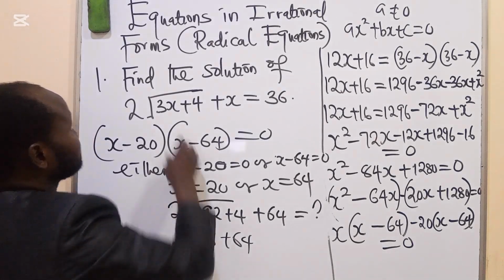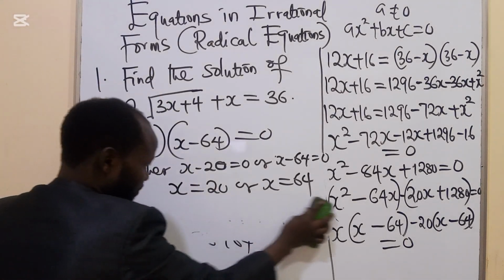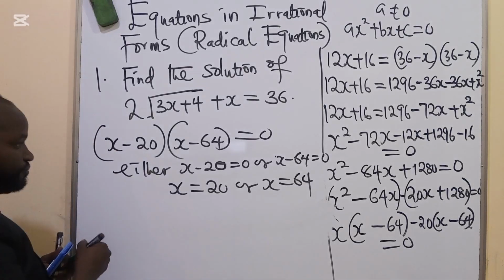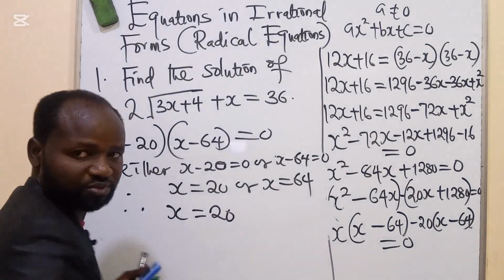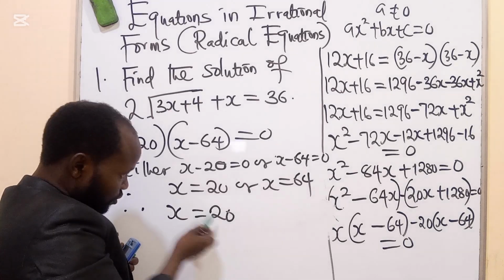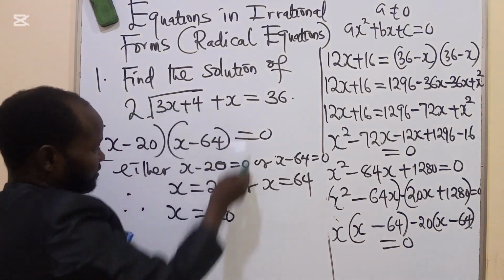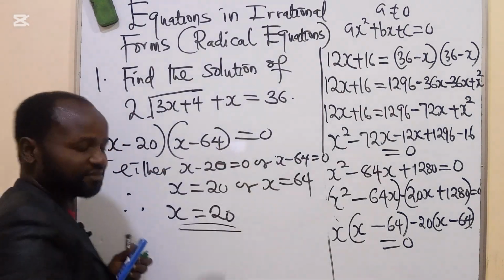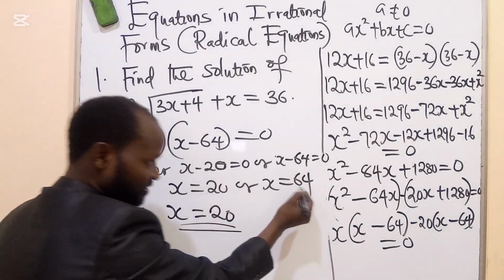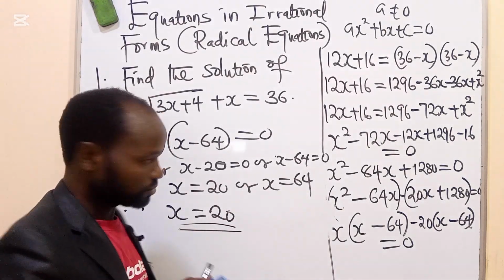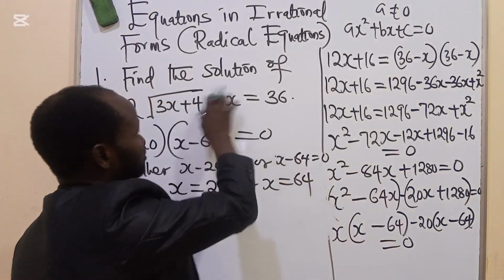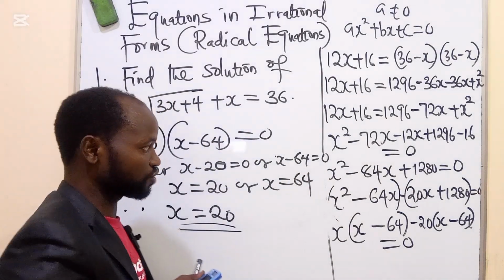So finally, we can conclude, therefore, x is equal to 20. x cannot be 64. So the solution or the value of x here that will satisfy this equation is 20. Well, this 64, we call it an extraneous solution. This is an extraneous solution to this equation.